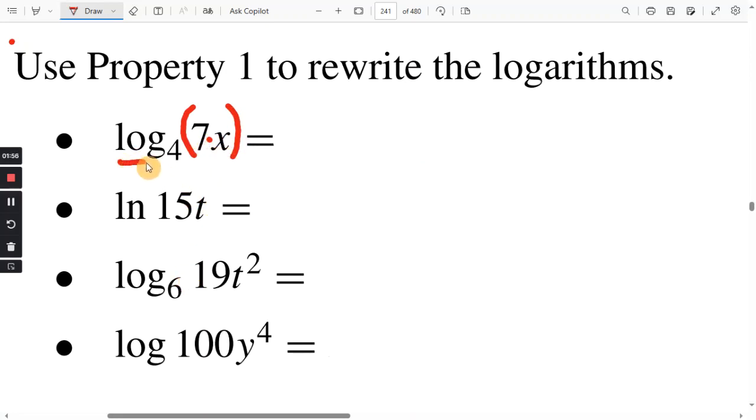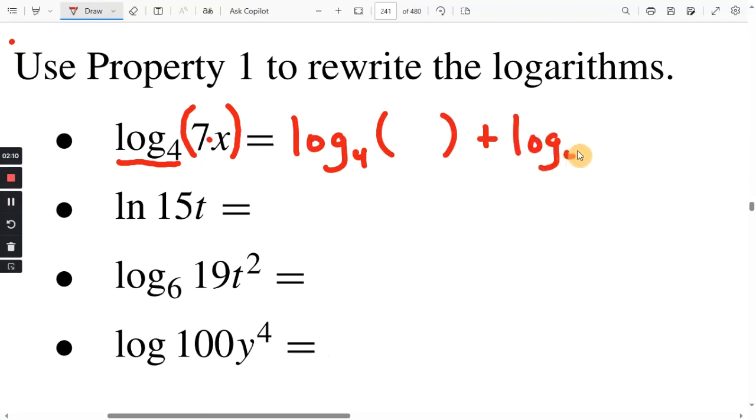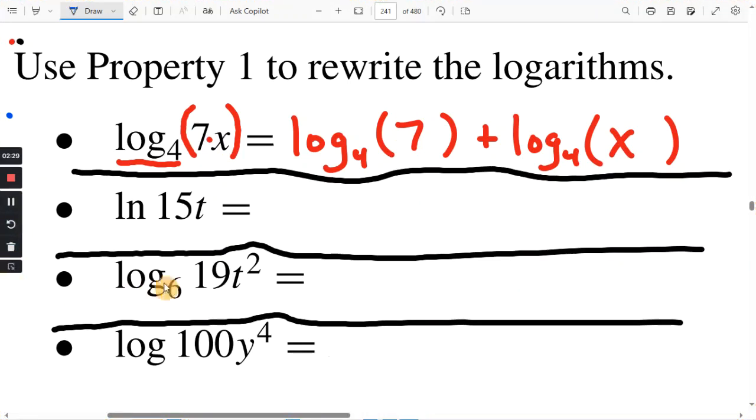So let's start with log base 4, and I'll leave the parentheses here, plus log base 4. Okay, this is a product, 7 times x. And we have log base 4 on both of them. And instead of 7 times x, the 7 goes here, and the x goes right there. All right, so that's it.